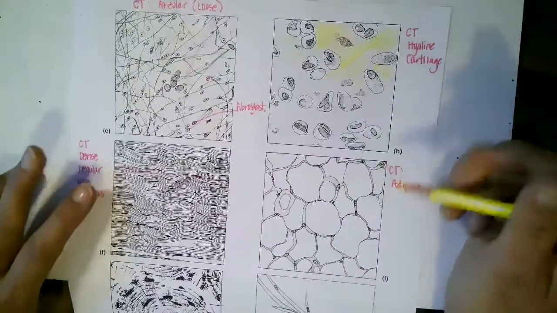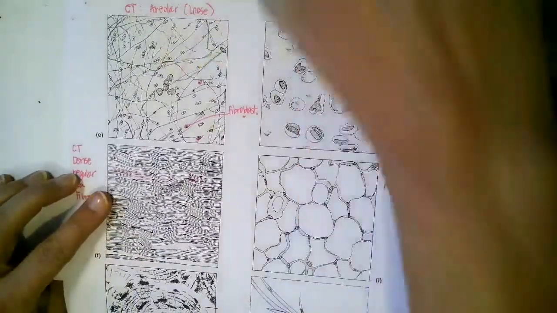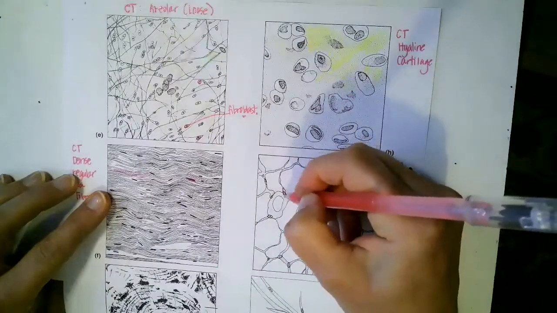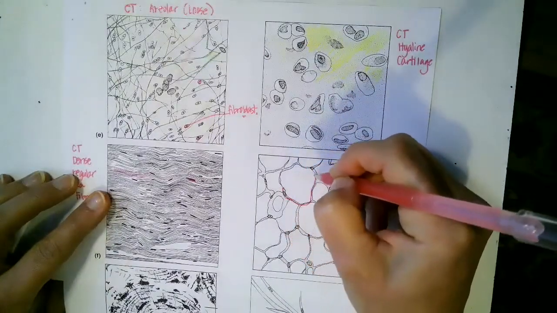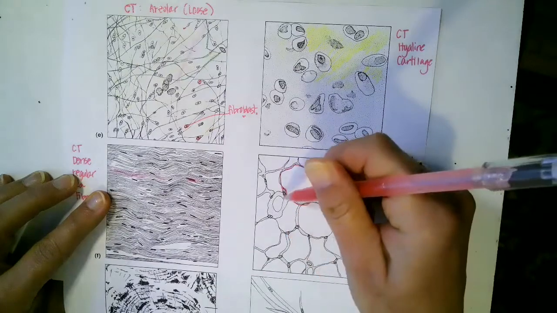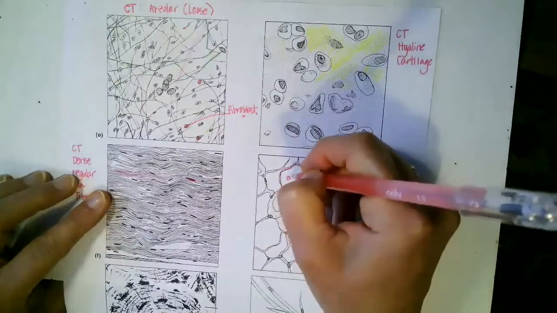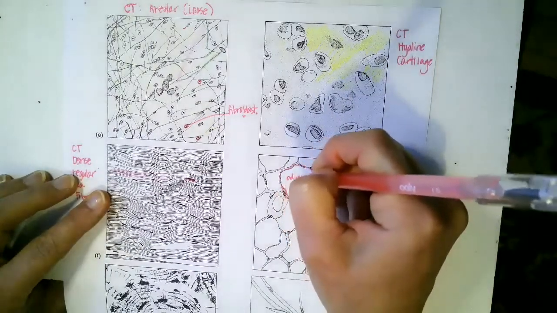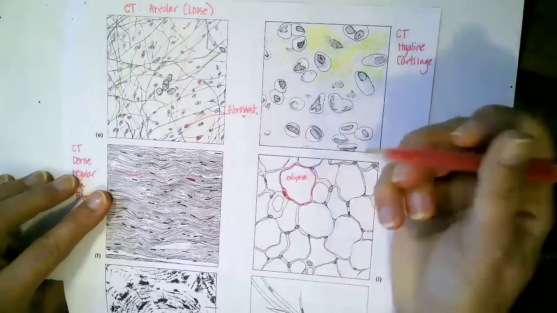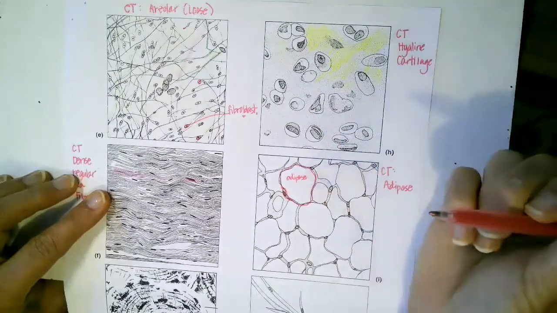So adipocytes also don't have a lot of matrix around them, but what they have is a humongous vacuole full of lipid that they store. So the entire cell is just squished into one little tiny area where the nucleus is, and all the rest of it is filled with a vacuole full of adipose. So they're called adipocytes.